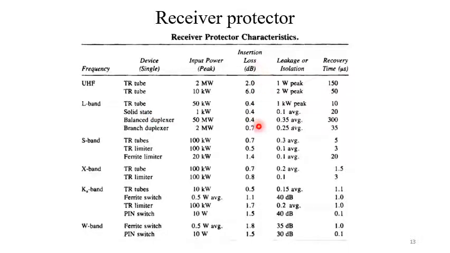Based on that, we can compare the insertion loss, the leakage or isolation, recovery time, etc. Based on that, we have to select a particular type of receiver protector, and obviously the receiver protector is dependent on frequency as well as the input power, peak power, because different types of receiver protector have a maximum limit of input power. So you have to select what should be the receiver protector.